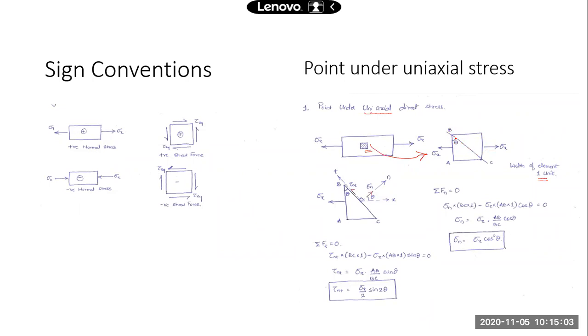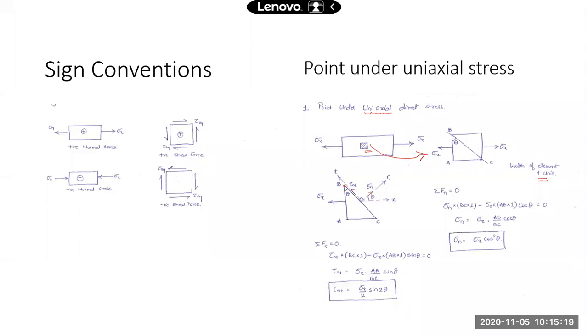Now I'll cut this element along the plane BC, as shown here. This element ABC is one part of that element. On the face AB, we have sigma x applied.